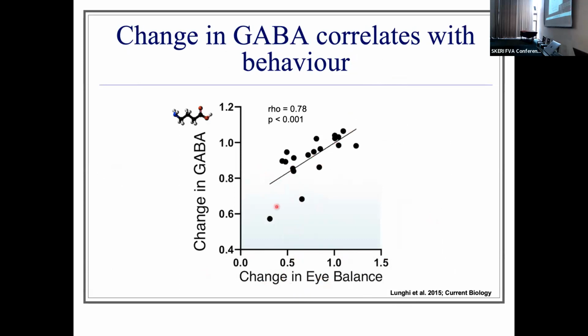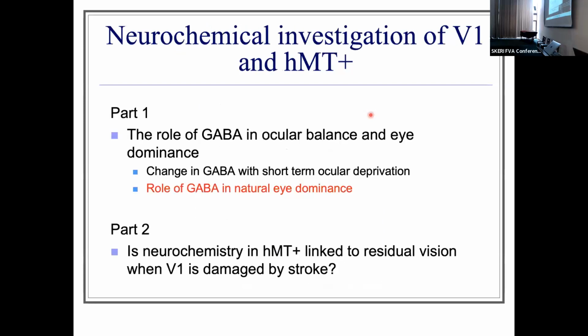So these two are highly correlated, where the lower your GABA, or the bigger the reduction in your GABA, the more your deprived eye dominates the signal. So it looks like not only do we get the drop in GABA, but it also correlates with the behavioral results. Okay, so that's really shown that we can kind of interfere with the GABA signal if we have this ocular deprivation.